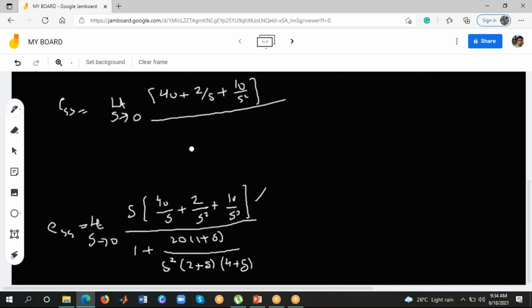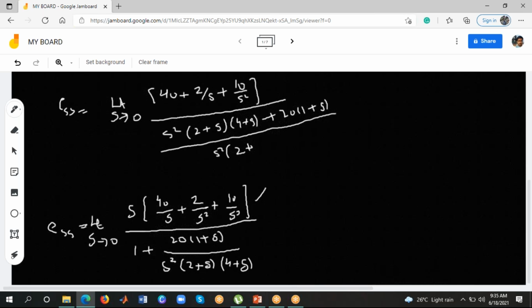Here take the common denominator: s square into 2 plus s into 4 plus s, then plus 20 into 1 plus s, whole divided by s square into 2 plus s into 4 plus s.